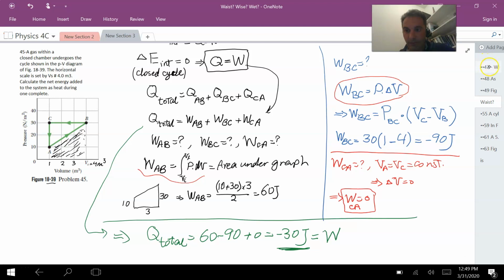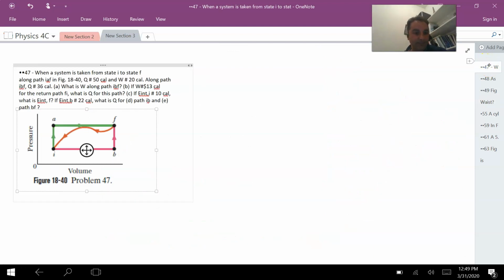Now let's go on to question number 47. Let me open it in your book. 47. When a system is taken from state I to state F, is it the same? Yes. Okay, we have different paths.